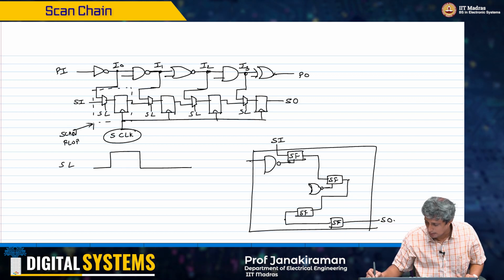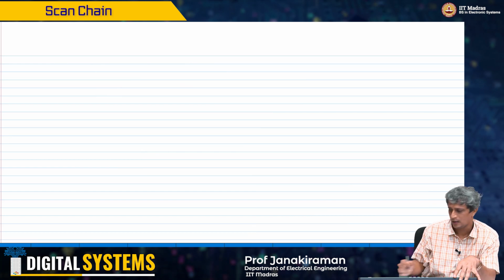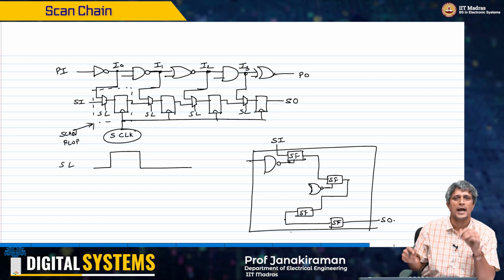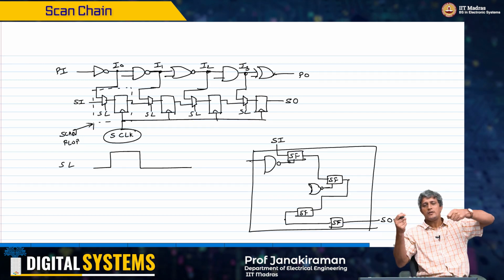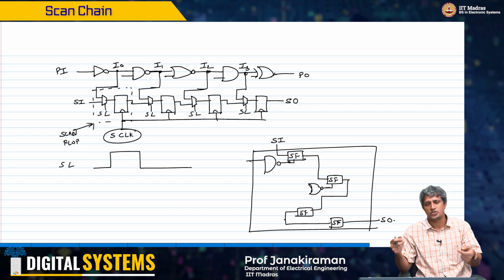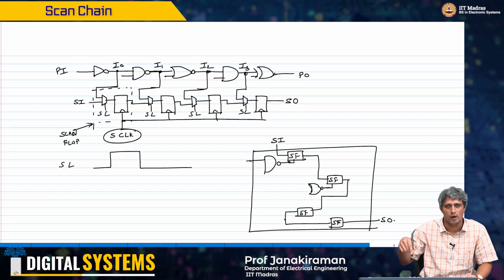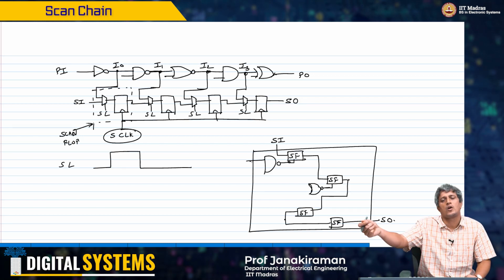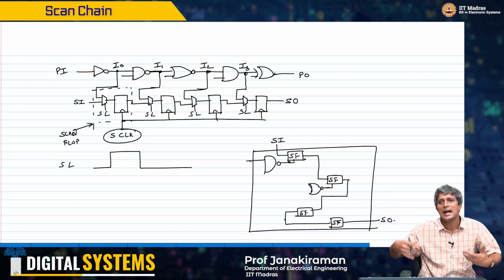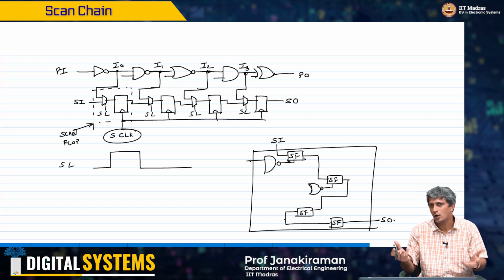For example, I may want to initialize some of these internal nodes deliberately, without having to come from the primary inputs. In that case, I will just use a serial in, serial out scan flop, where I serially load whatever data I want, make sure it is available at that node, and then operate that circuit to check if it is working or not.